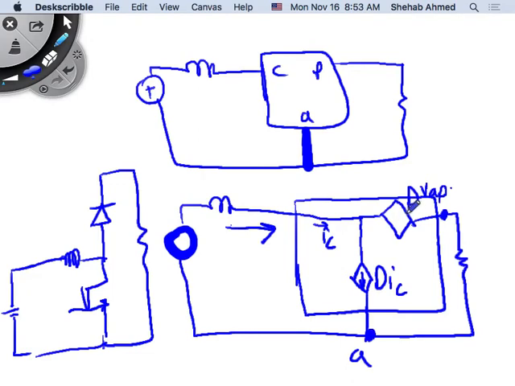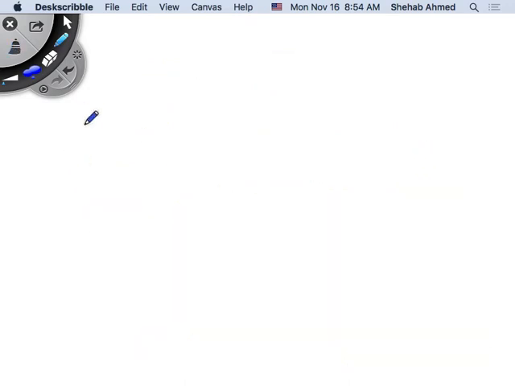This is D times VAP. I don't like the way they do it. I can look at it again, but I would do it the way I did it, because I think it makes more sense.